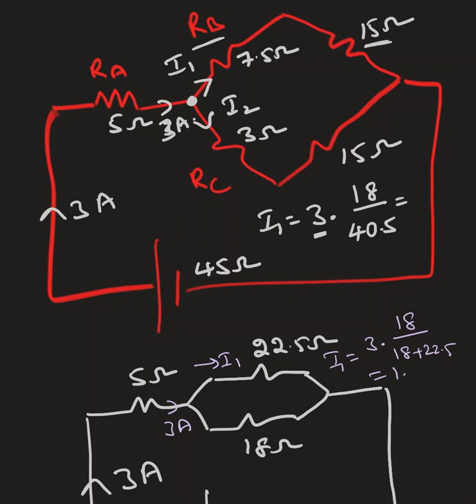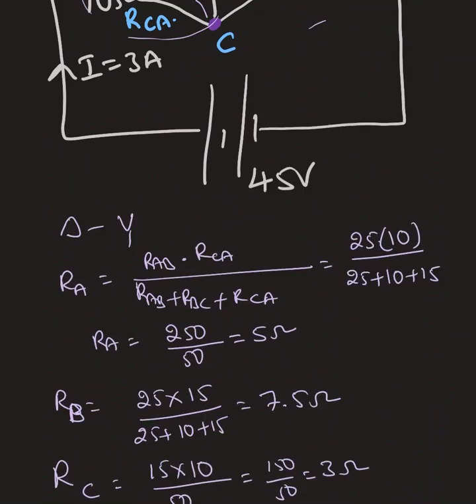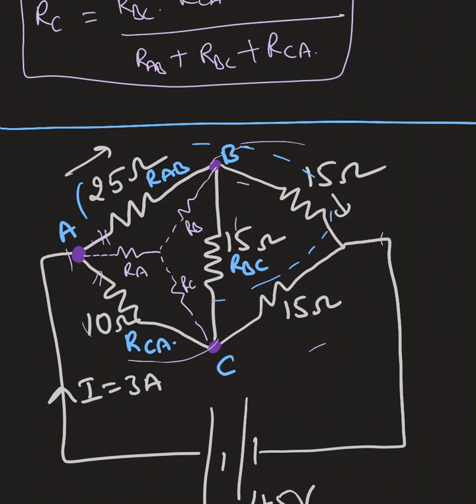That value, I end up with 1.33 ampere. So if 1.33 ampere is passing through that, the remaining current, 1.667 ampere, is passing through the bottom resistor. Based on this I can use the voltage division rule and find the other parameters.